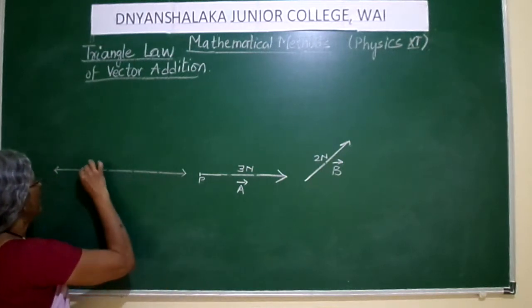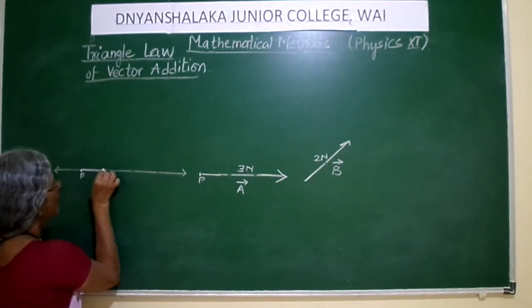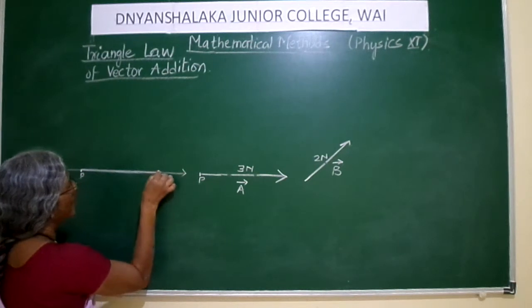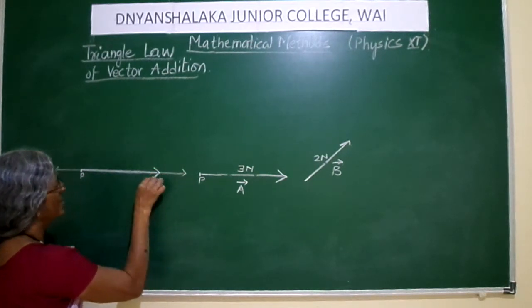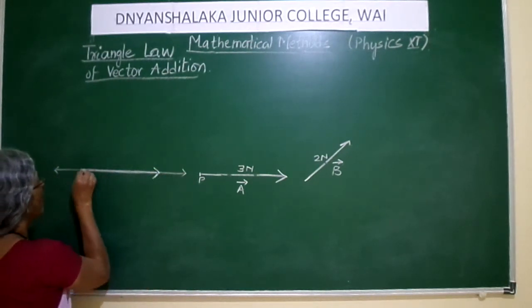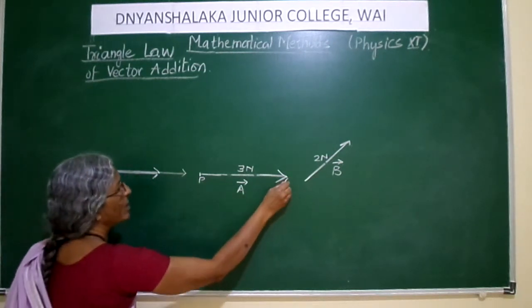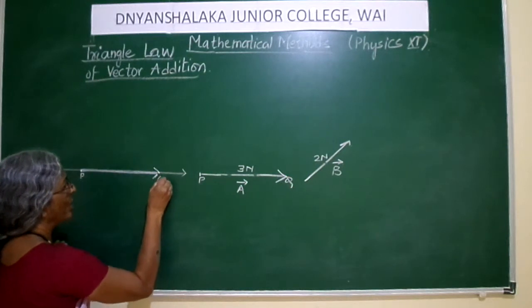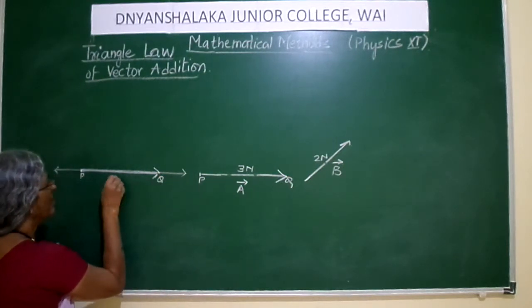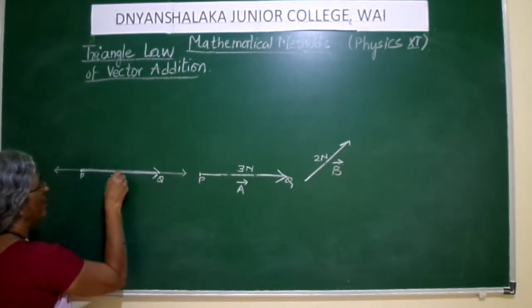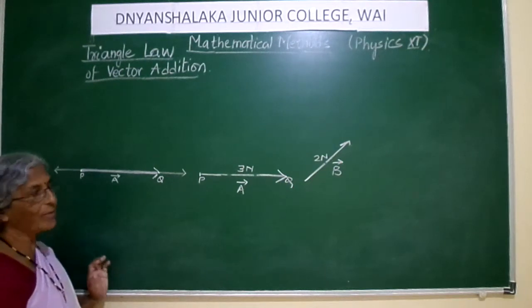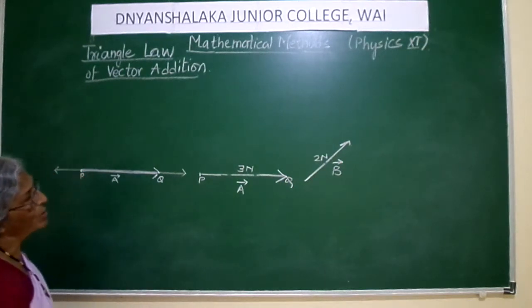So I have got this vector over here. Let me take this point as Q. Now this becomes my vector A. Getting it? Now what am I going to do?